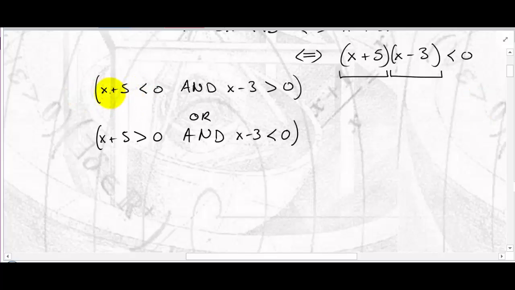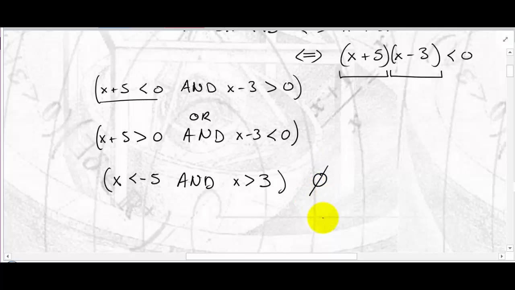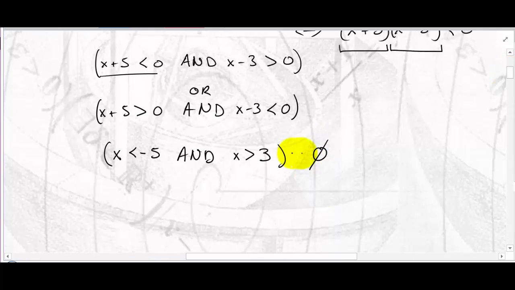So let's pick it up. What's the first one? x plus 5 negative means x smaller than negative 5, and x above 3. How can you have x smaller than negative 5 and x above 3? You can't have that, so that's the empty set right there. Now let's pick up our disjunction. What about the second one?